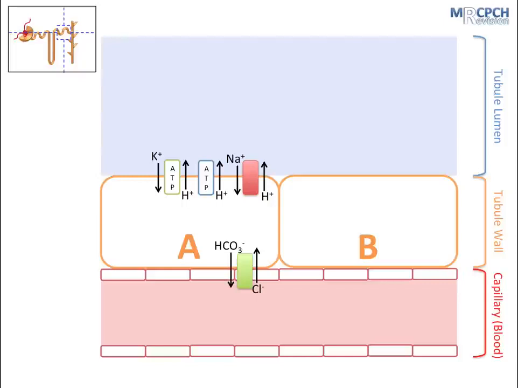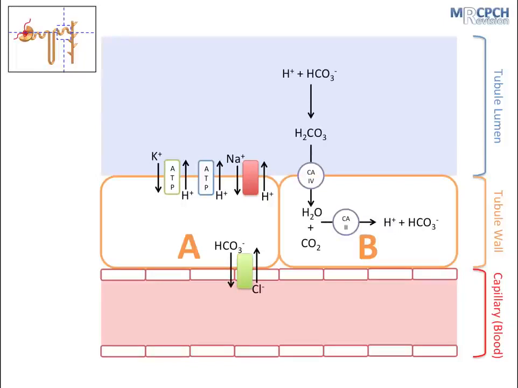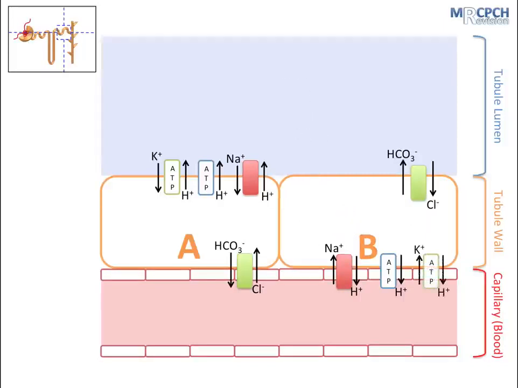As you can imagine, the type B cell does the precise opposite. Again, through the carbonic anhydrase system, we end up with our proton and bicarbonate. And here, just like in the proximal convoluted tubule, but in a mirror image, we have the same transporters. And again, but in reverse, we have the potassium-proton ATPase.